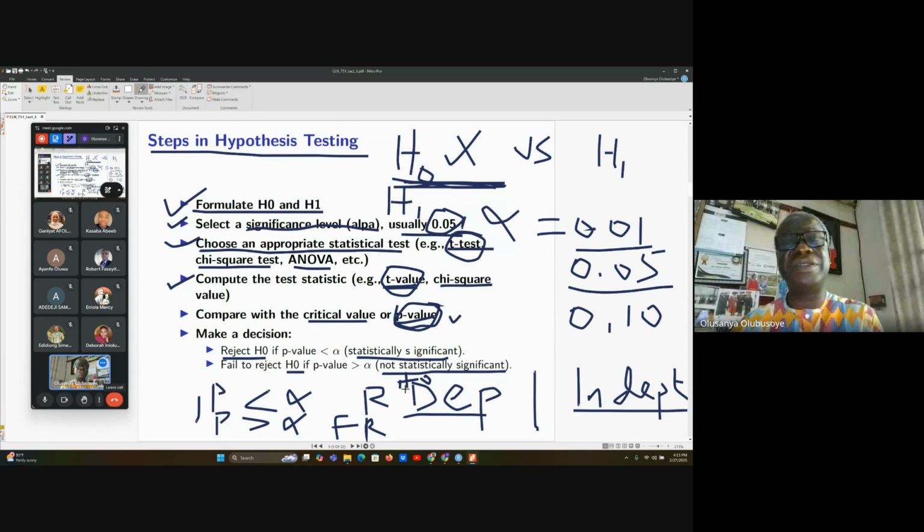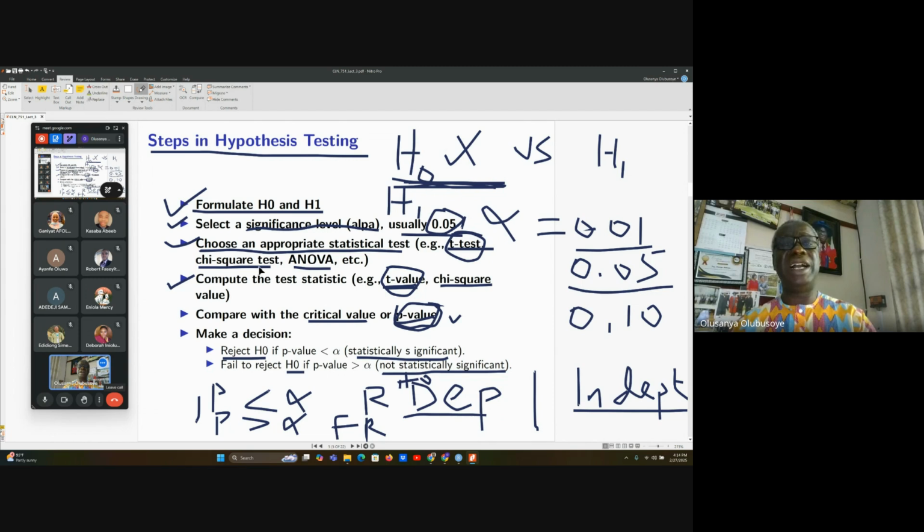That's why it's called a statistical hypothesis. It's based on evidence from data, not from any belief or whatever. So you should always emphasize statistical hypothesis, or statistically significant, or not statistically significant. You need to use those terminologies quite appropriately.